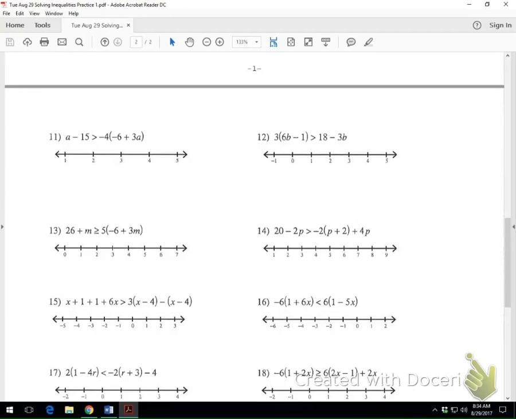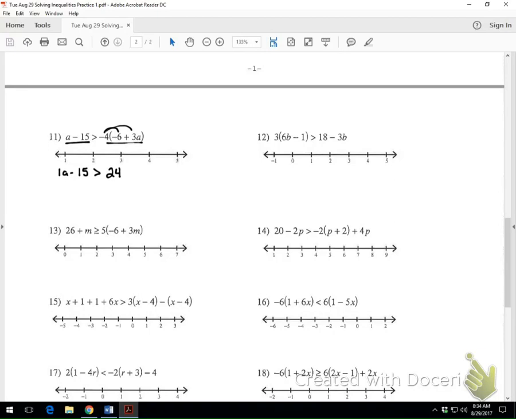Since you have letters on both sides, you do not have to do a mirror image. Let me show you on 11. On 11, you don't have to do anything to the left side right now. But if you look at the right side, you do your claw, right? So you have this: 1a minus 15 is greater than, and then what's negative 4 times negative 6? Positive 24.